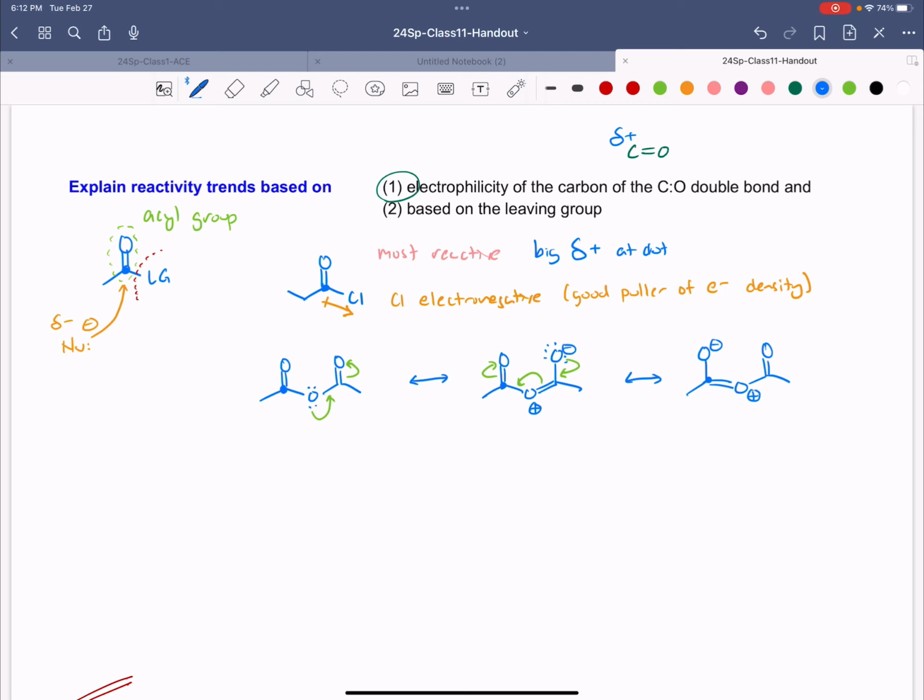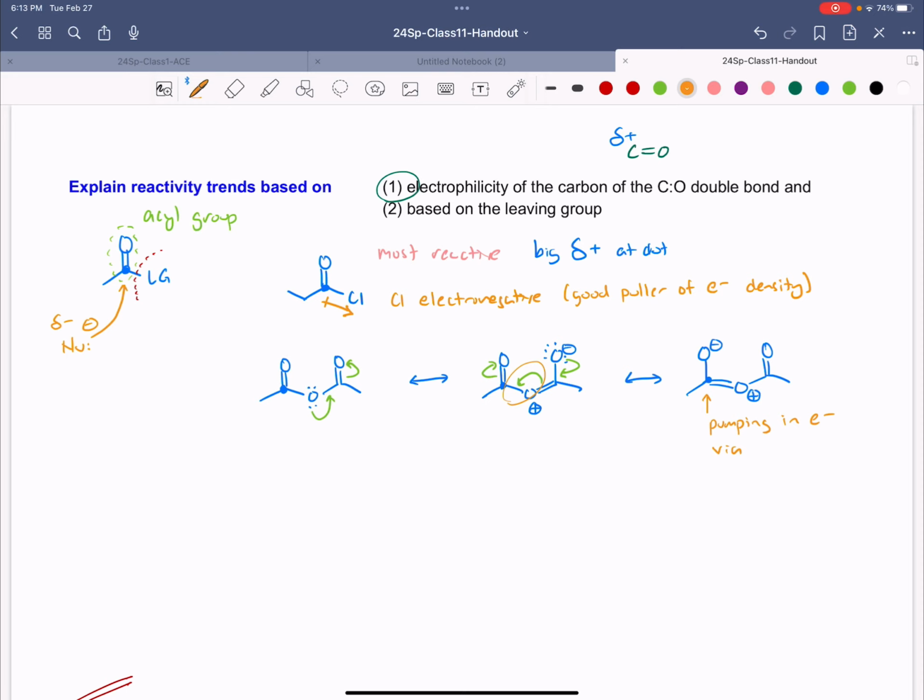My thinking is that we are pumping electrons via resonance into this dot here. Because of this resonance, especially like here, we are pumping in electrons via resonance.